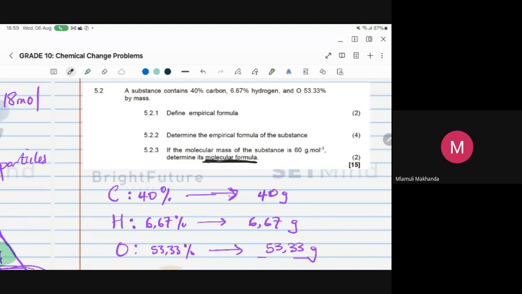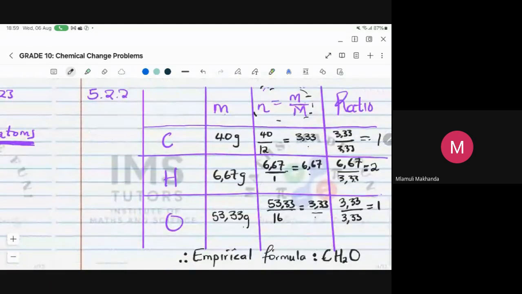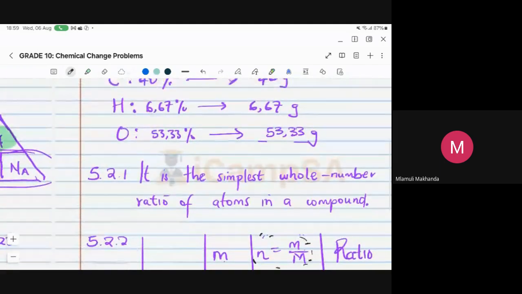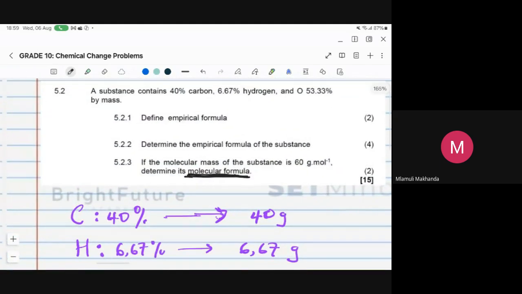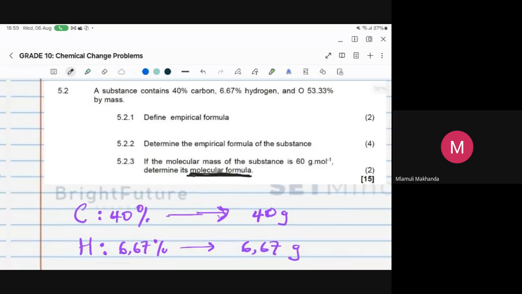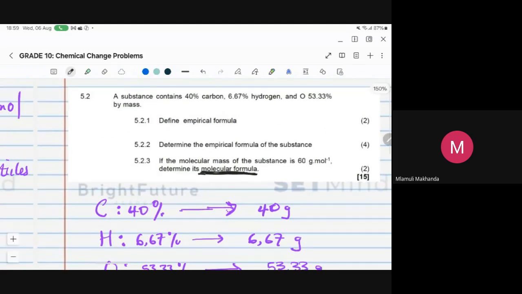So remember, what we just determined is the empirical formula. It's not a true representation of the actual molecular formula of the compound. It's just a simplified version of it. To find what the actual molecular formula is, we have been given an extra piece of information. 60 grams per mole is the molar mass of the actual molecular formula.